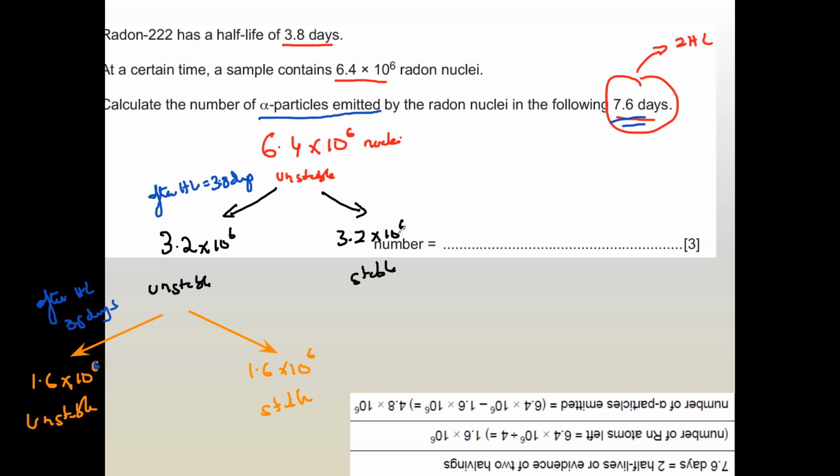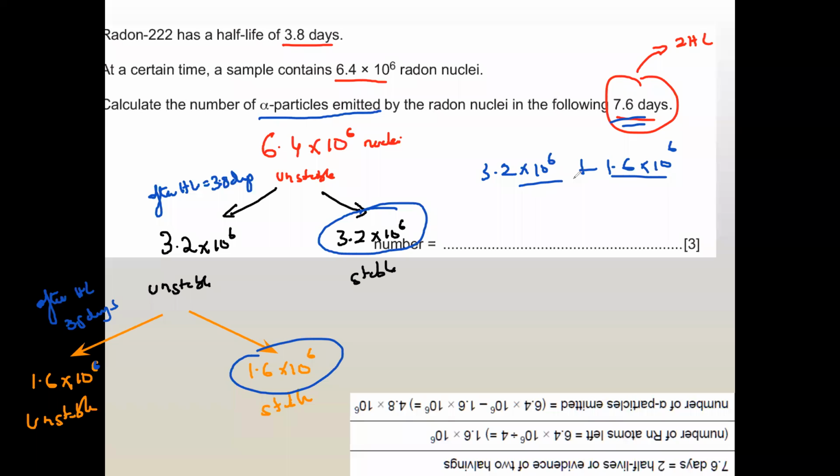So how to find the total number of alpha particles emitted? It means how many atoms are stable. That is the total number of alpha particles emitted. So 3.2 into 10 to the power 6 here and 1.6 into 10 to the power 6. First 3.2 is emitted out and then 1.6 emitted out.